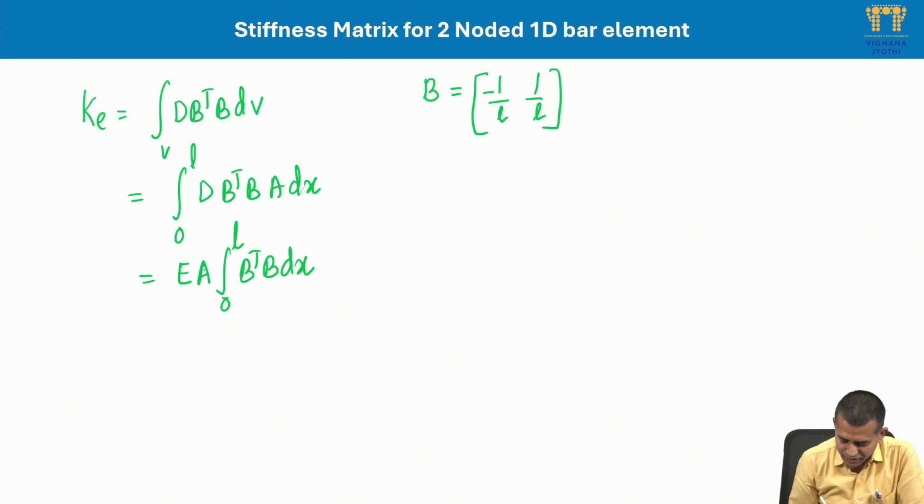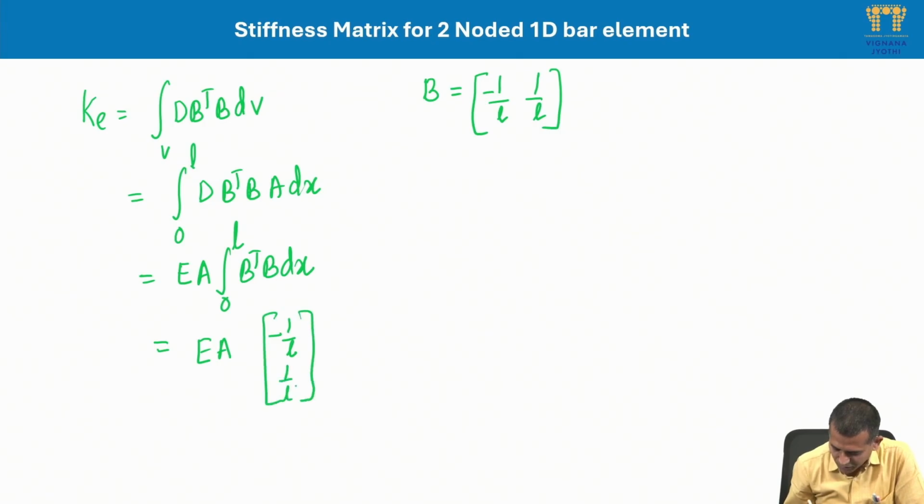So if you substitute here in this expression, you will get EA and B transpose, that means minus 1 by L and 1 by L, multiplied with minus 1 by L, 1 by L, dx integral over L.